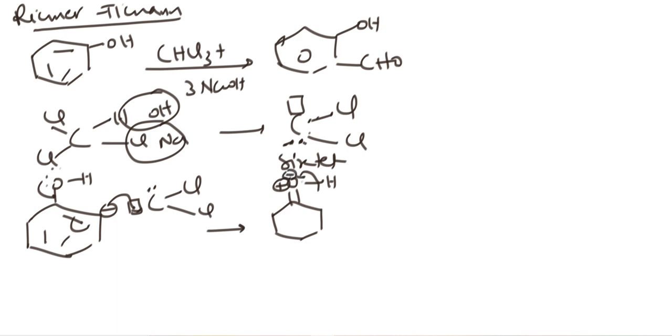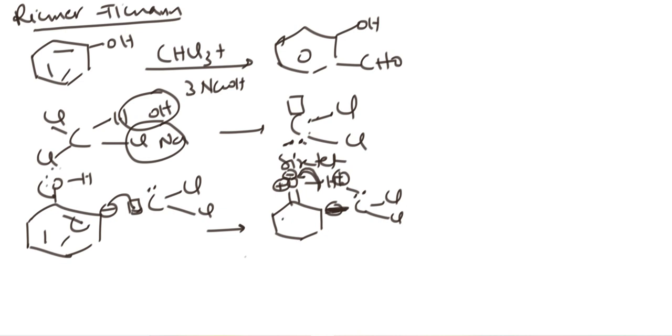Positive and negative make neutral. Here H plus is there. Then here the ortho position has negative charge connected to CCl2. Here lone pair, just listen here, this is the bond breaking, positive negative makes neutral, and H plus is connected to the carbon lone pair.